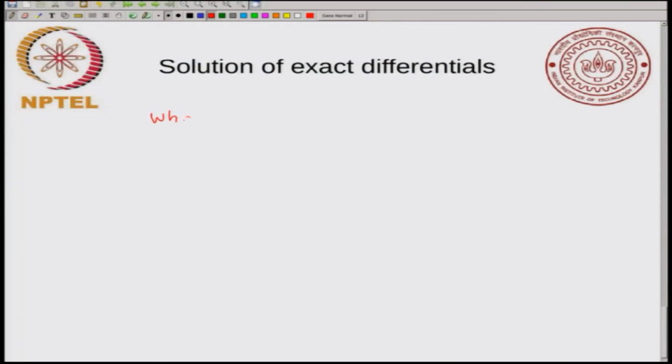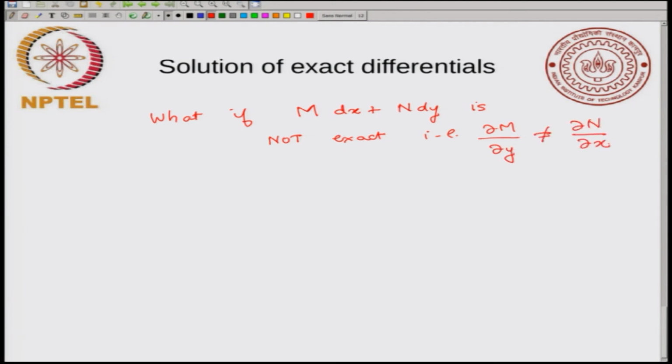Now, what happens if M dx plus N dy is not exact, that is, ∂M/∂y is not equal to ∂N/∂x? What can you do in such a case? Okay. So, now there are two things to do.